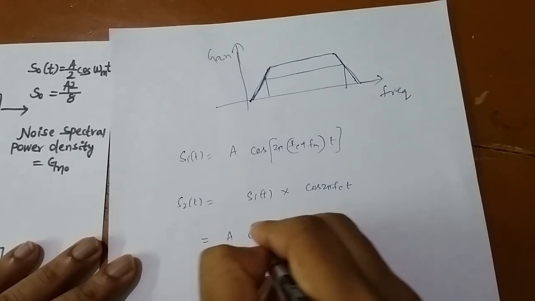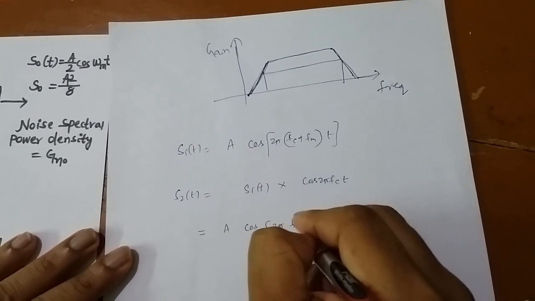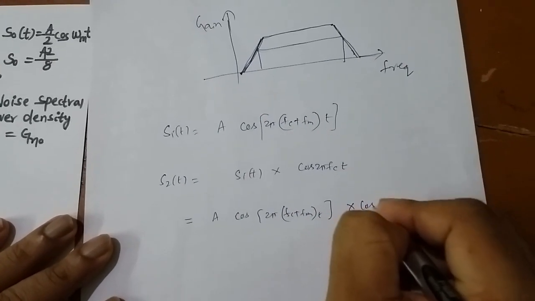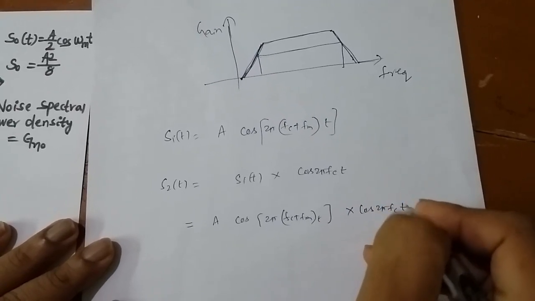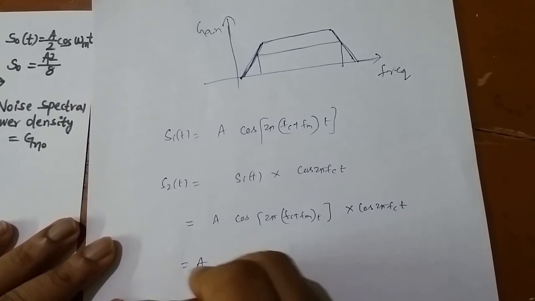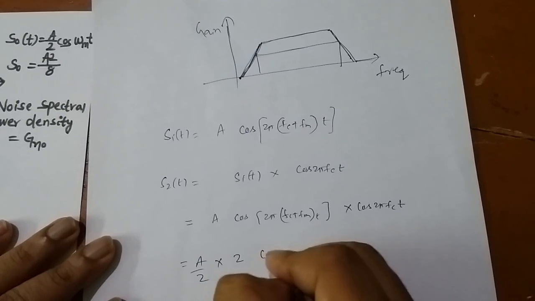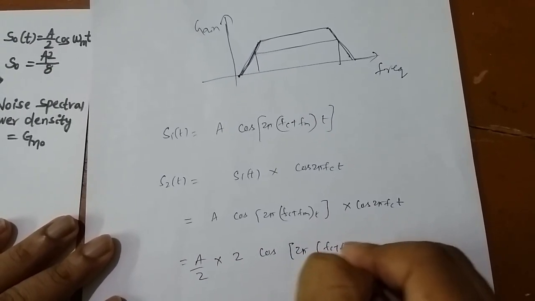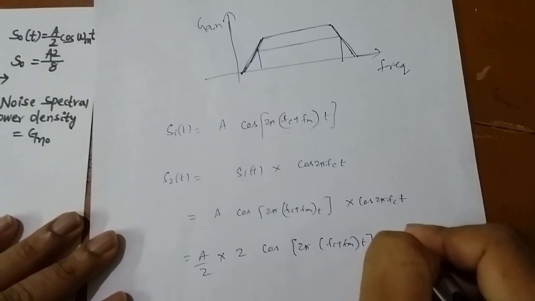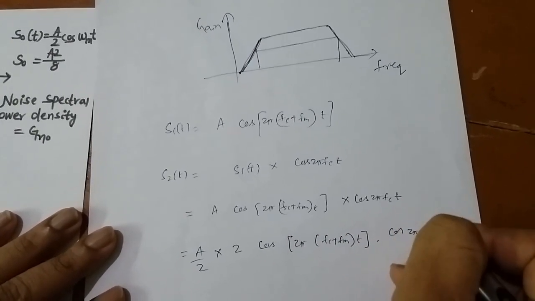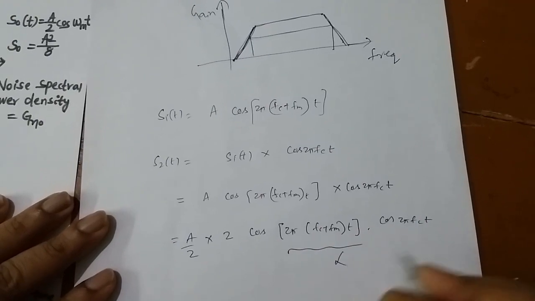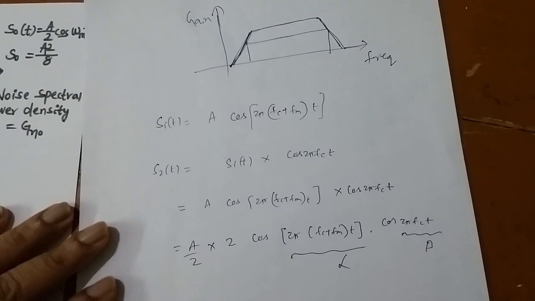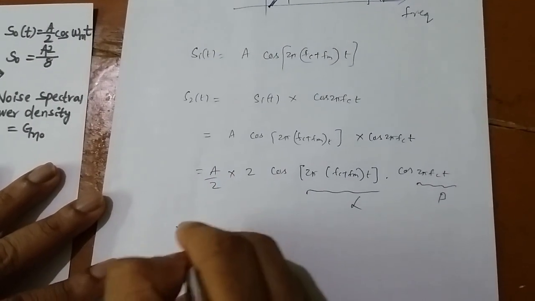This is A cos 2 pi (fc plus fm)t into cos 2 pi fct. Now you divide by 2 and multiply by 2. Assume this is alpha, assume this is beta. So this is A by 2 times 2 cos alpha cos beta.